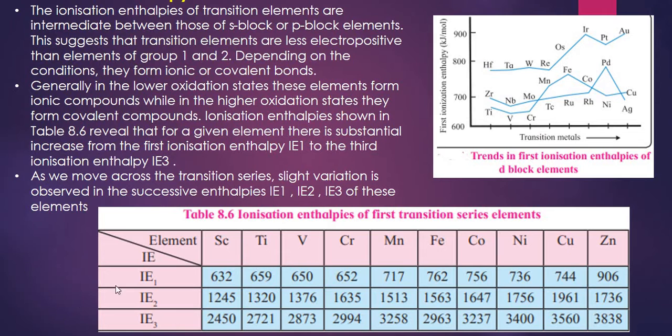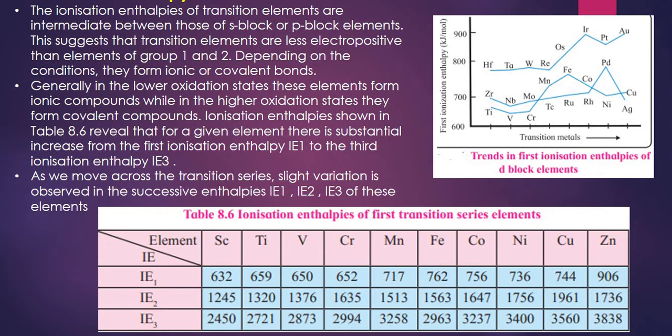Ionization enthalpy values, if you look here in table number 6, you will get the idea. For example, scandium. The first ionization enthalpy for removal of the first electron is 632 kJ per mole.